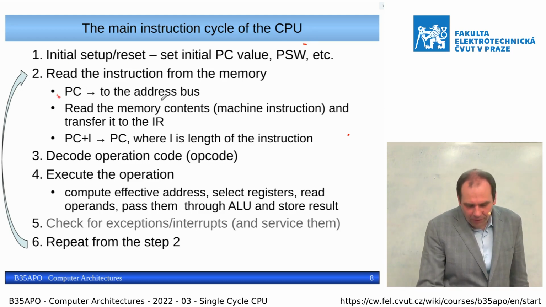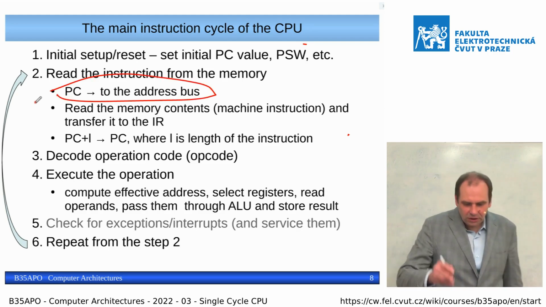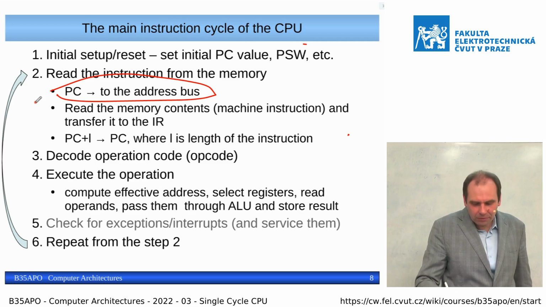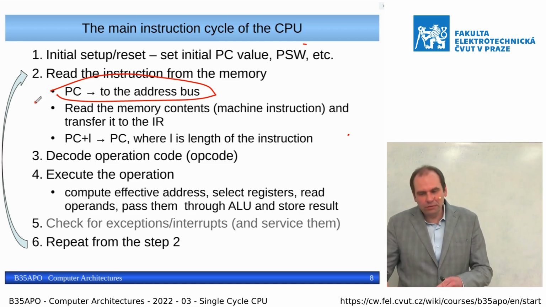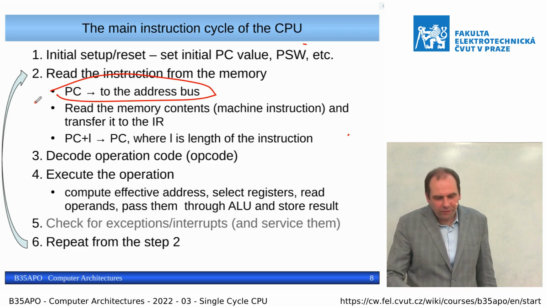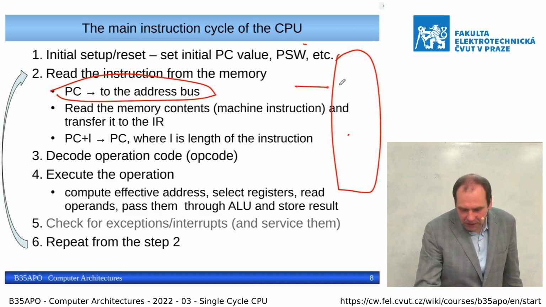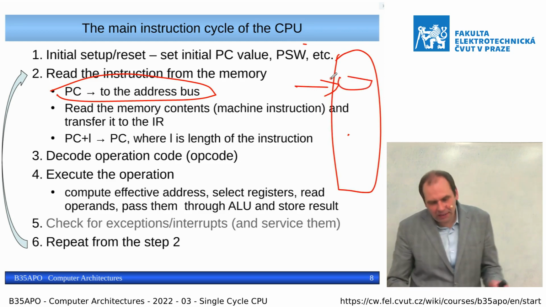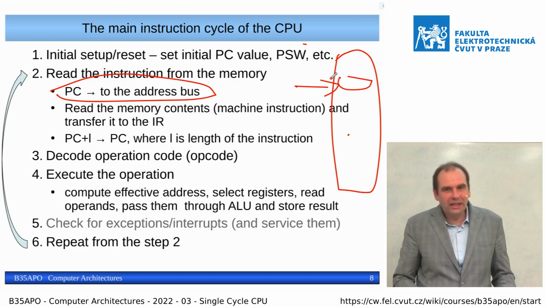So we provide a value from the instruction pointer, the program counter, to some bus, which allows us to read a value from that given cell in the memory. So basically, the PC points to some array. You can look at the program at this moment as an array of 32-bit words.